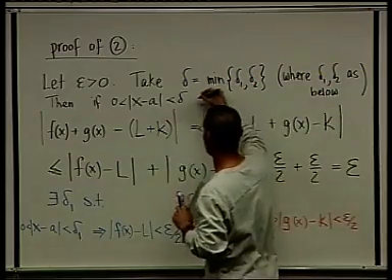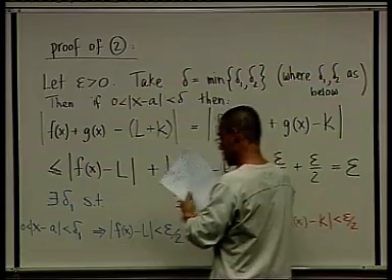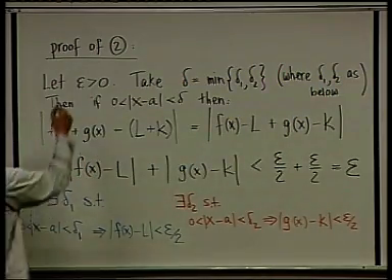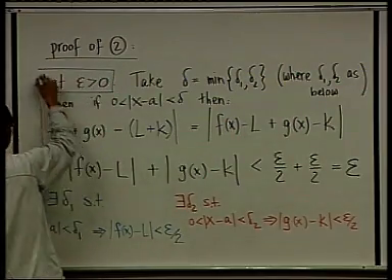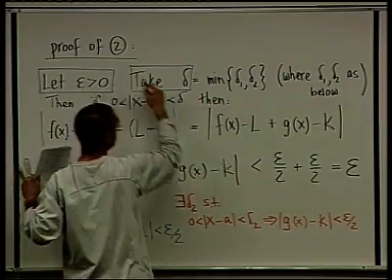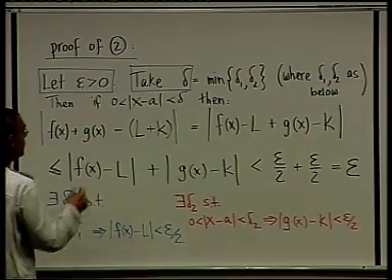So if x satisfies this, then let me color the definition for you. Let epsilon be greater than 0. Take delta to be whatever was derived from all these inner calculations.